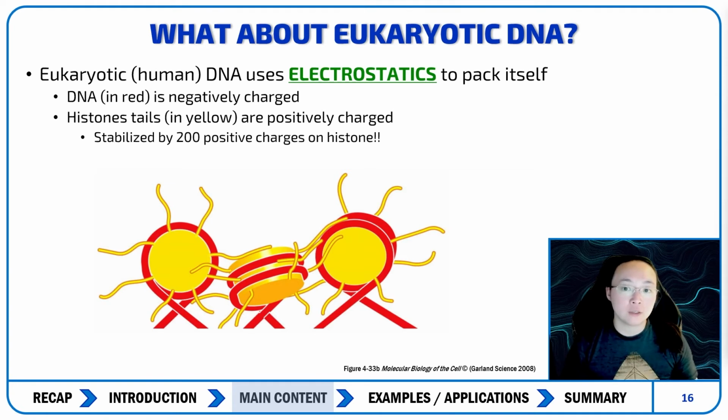But the key thing here is that electrostatics will allow DNA to pack itself, but it's not going to help stabilize it significantly. There's an entropic reason for why it stays like this, and that's something that we'll have to discuss. So everything that we take a look at cannot just be explained by one thing. It's actually multiple different components coming together to offer a full explanation for DNA stability.